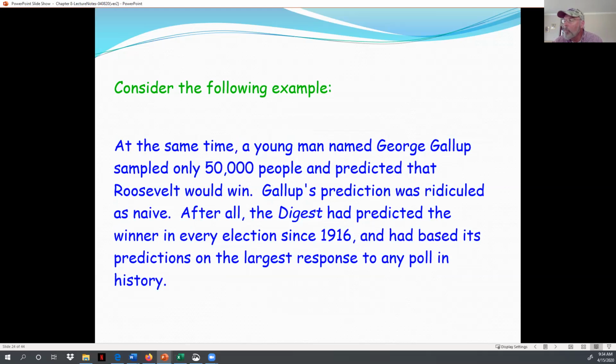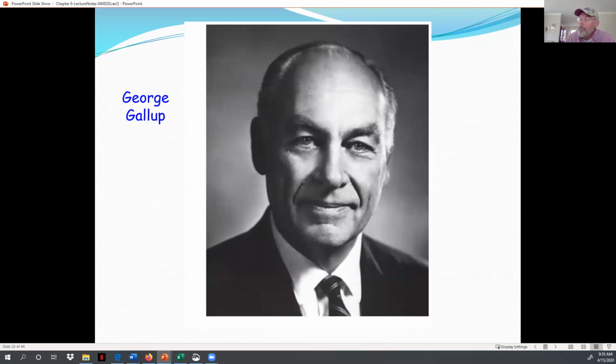Well, Gallup's prediction was ridiculed as being naive, and the Digest had predicted winners from 1916 in the past. And of course, the difference in sample size was thought of as being a strong point of the Digest. So here is George Gallup.